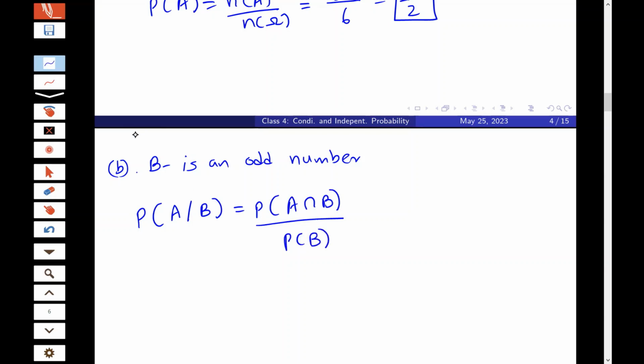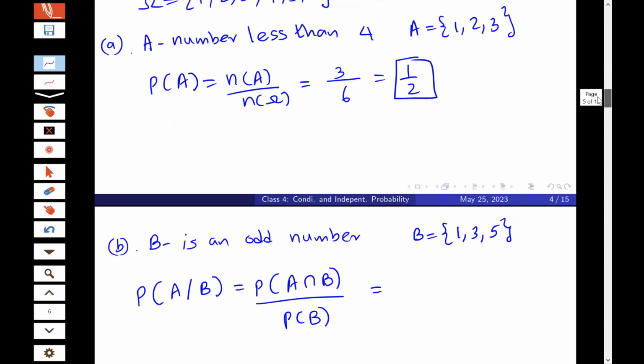Now let's write down the values in B. The odd numbers: if you toss 1 to 6, you will get odd numbers 1, 3, 5. The question asks what is the probability of getting a number less than 4 if you get an odd number. Now we have to find the intersection of A and B. A is 1, 2, 3, and B is 1, 3, 5.